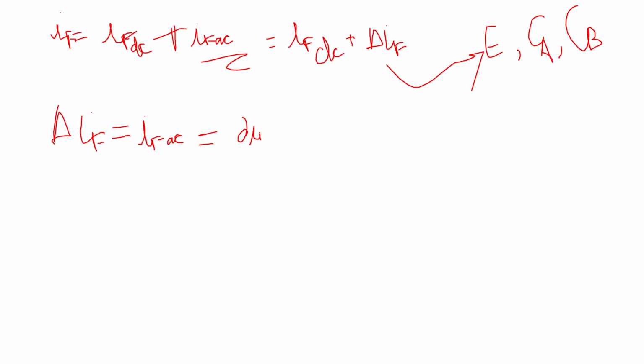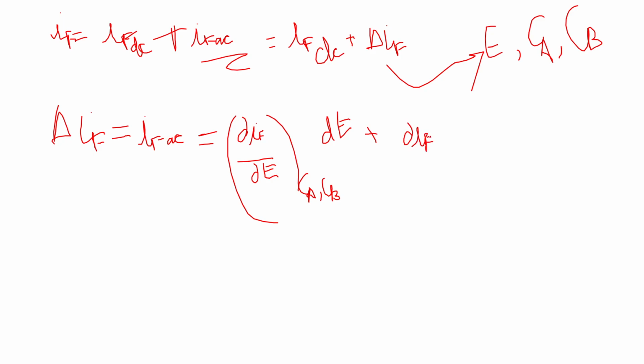Dou IF by dou E. When I differentiate with respect to E, concentration of A and concentration of B will be constant, into dE. So basically this is just a mathematical application.